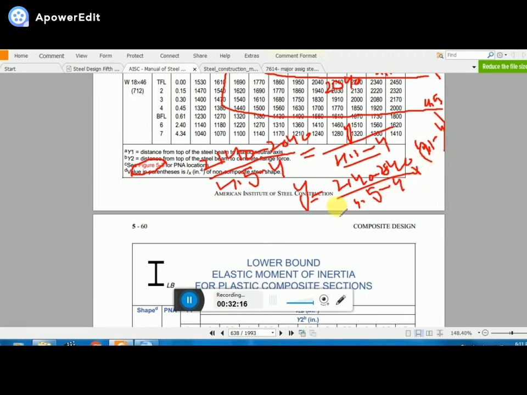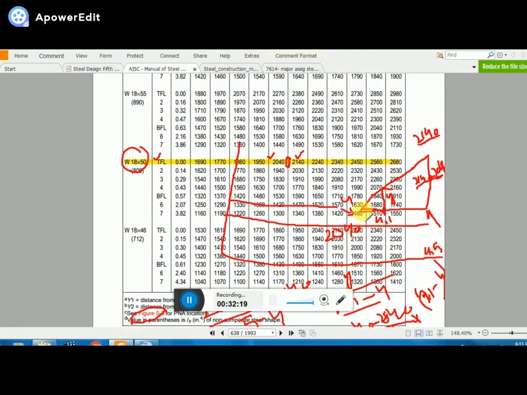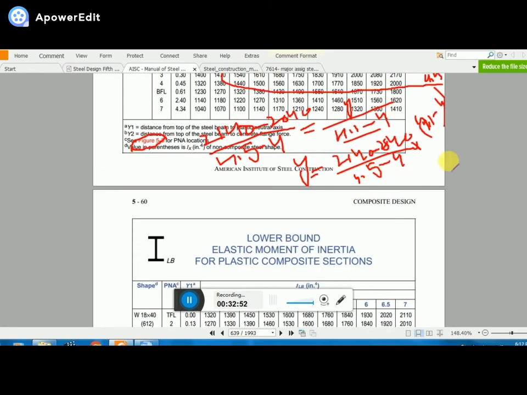Clear? This will give you y. Now you have to find the value at this point, so you have to add this y to this one. That's why our required value of I and B is 2040 plus that y, and you got your y value from here.